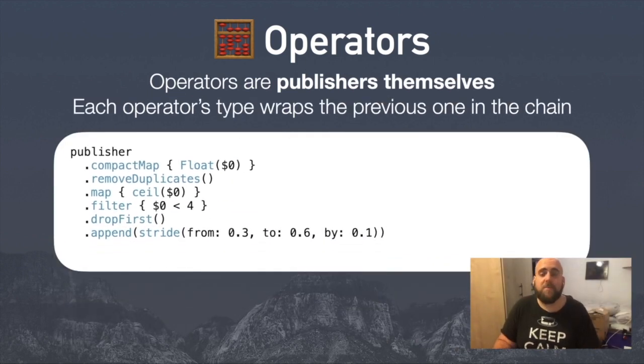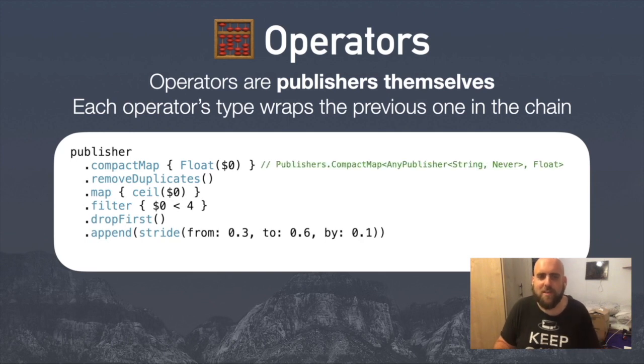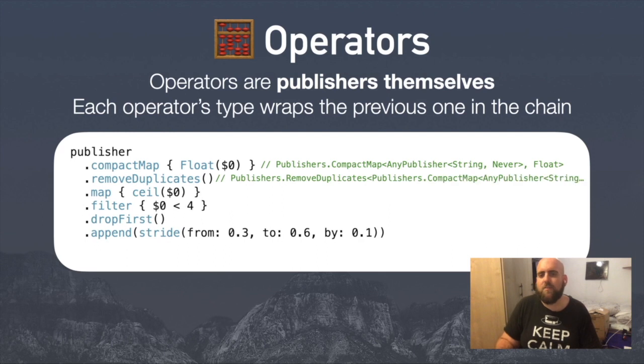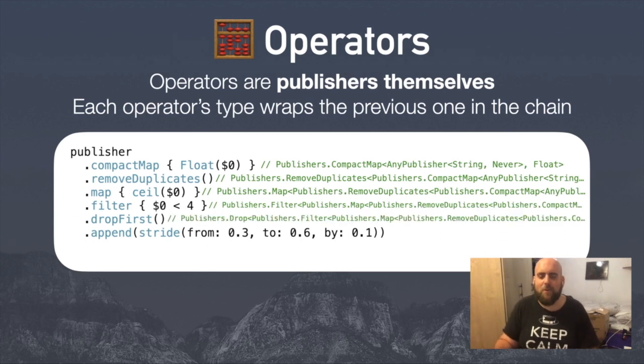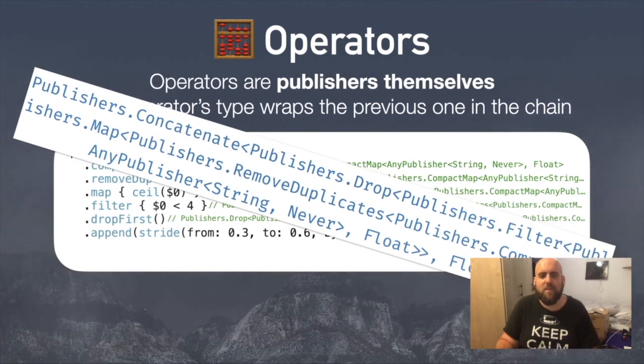Operators are themselves publishers, which sounds not too interesting, but why is it interesting? Because they are typed. That means that every operator that you use wraps the previous one in the chain, so your type gets very bloated very quickly. For example, here I have a compact map wrapping a publisher of string, then remove duplicates that wraps that compact map, a map that wraps that one, a filter that wraps the previous one, and by the end of this stream, I get to this return type, which is bananas, basically.